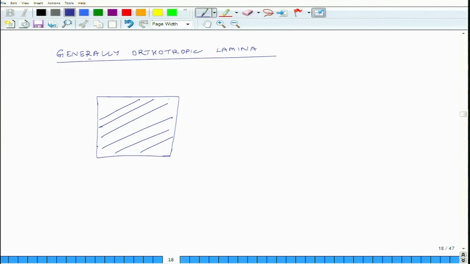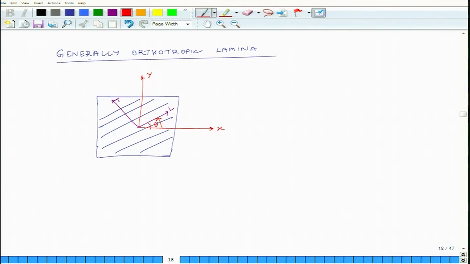So, my L direction, this is L direction, this is T direction, and then my X direction is this and Y direction is this, and this angle is theta. So, theta is the angle between X and L going upwards in the counterclockwise direction.